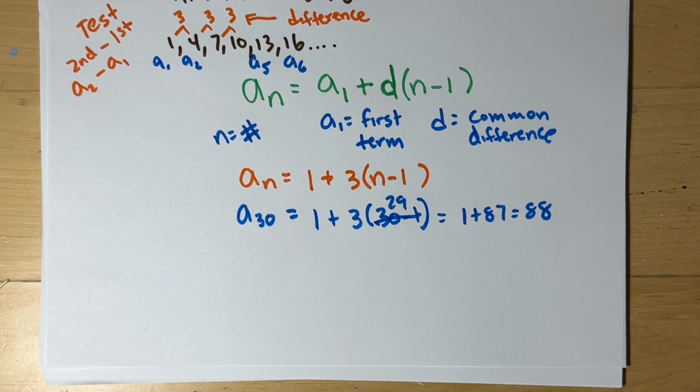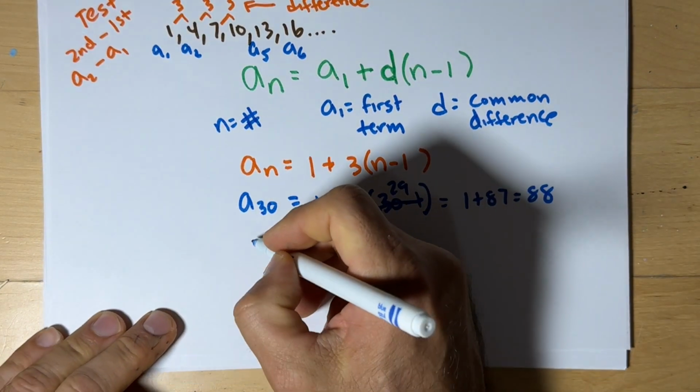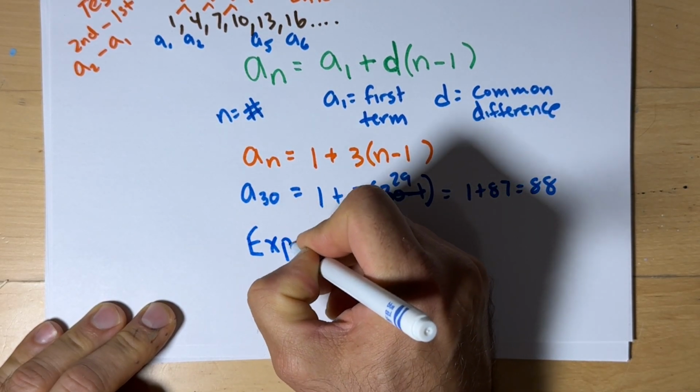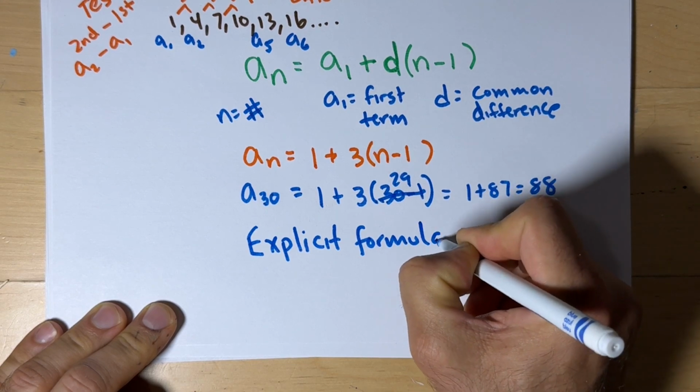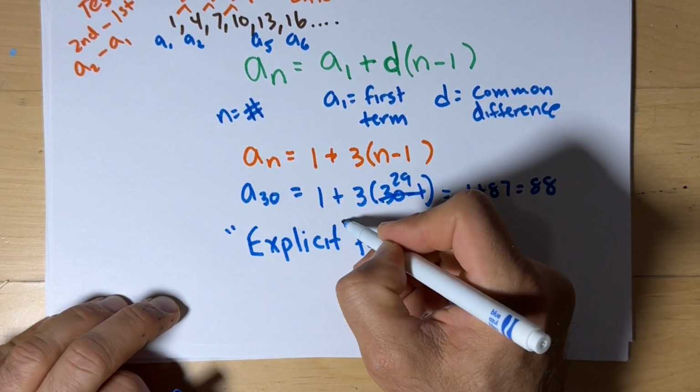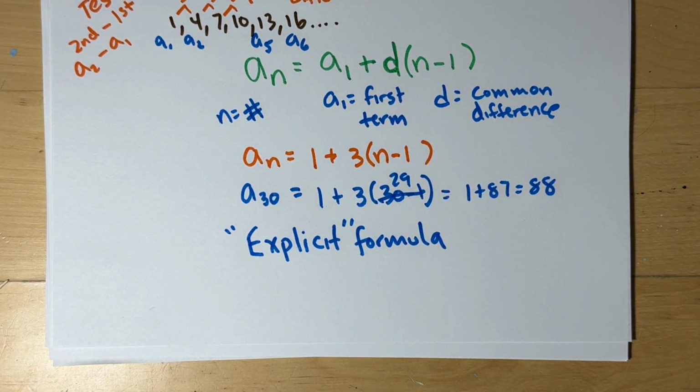Let's try another one and see if we can create our formula. This formula is called the explicit formula, because it explicitly tells you the one that you're looking for. Let's try another pattern. Maybe we'll see one with a negative.